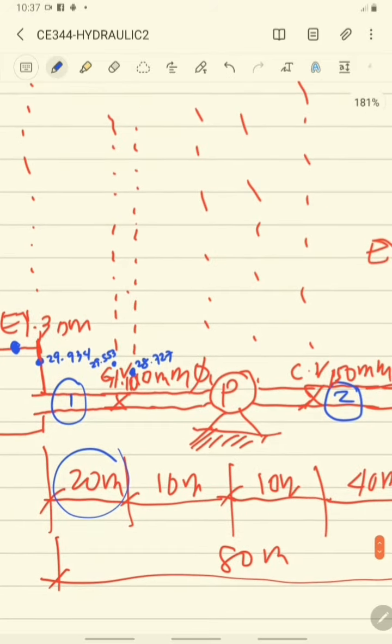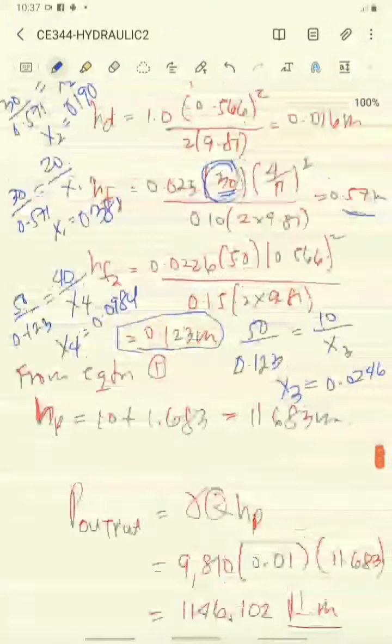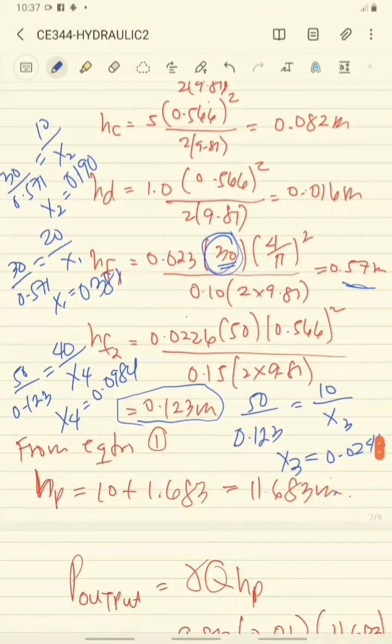Okay, then again we have also the head loss due to pipe friction. That will be our x2, 0.19. So you have 28.537.